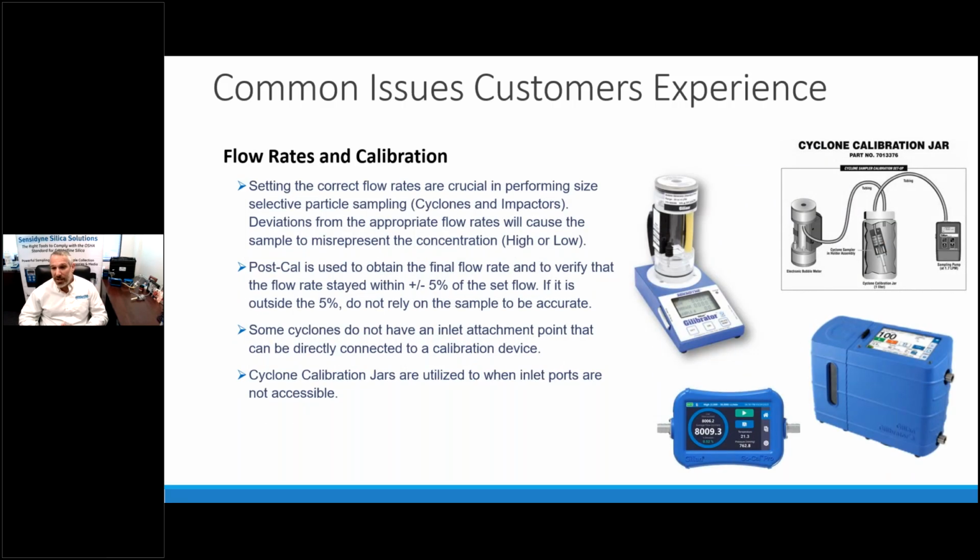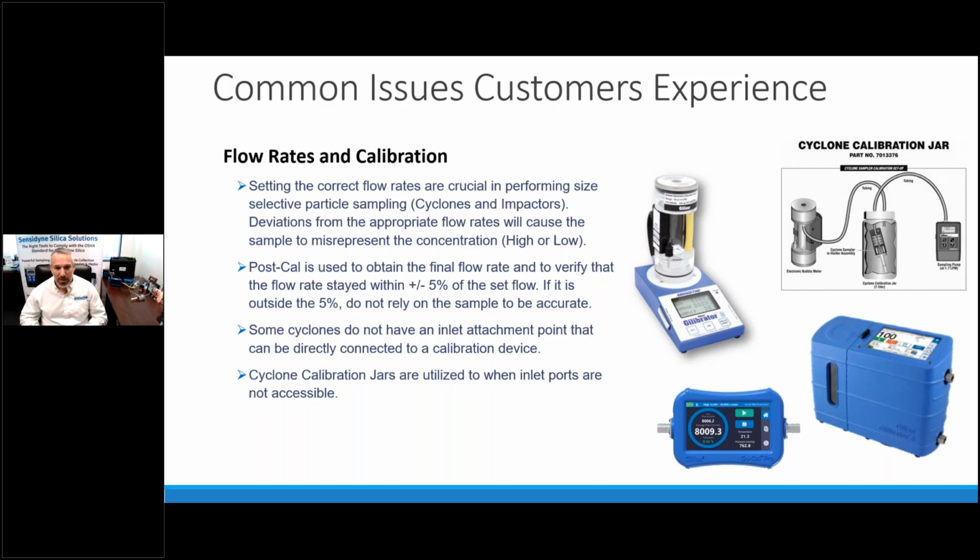Calibration of the air sampling pump is also key. You want to use a proper calibrator. We highly recommend, and it's a best practice, to use a 1% calibration device, especially when calibrating cyclones, because you want to be as close to the center line for the particle size curve as possible. Using a good quality 1% calibrator will help you achieve that flow rate on your sampling pump.